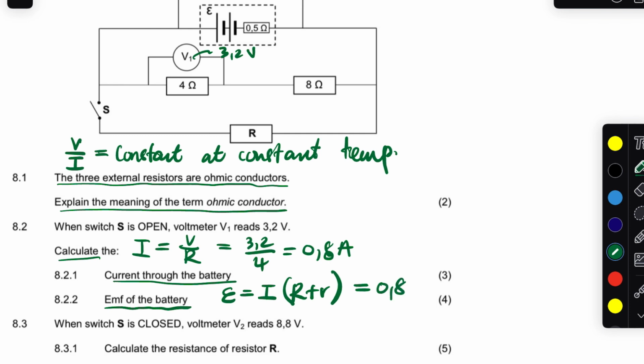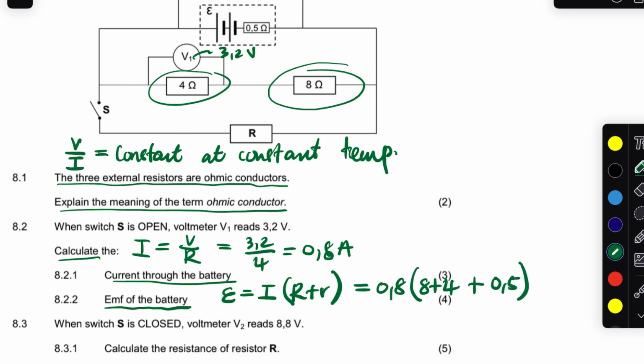It's going to be 0.8, and the external resistance is the sum of these two because they are in series. The circuit only has series, so it's going to be 8 plus 4, and then plus the internal resistance, which is 0.5. That's the external resistance, and this is the internal. So the answer is going to be 10 volts. I hope that makes sense.